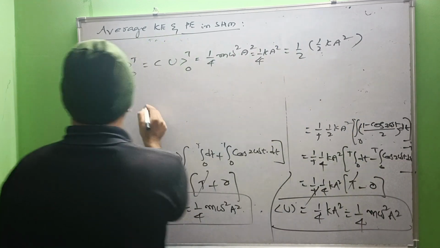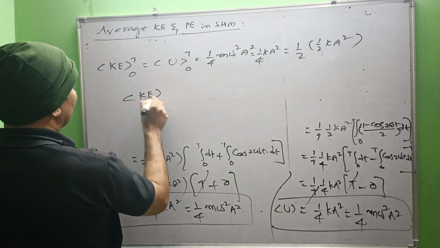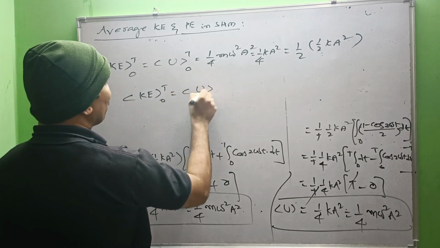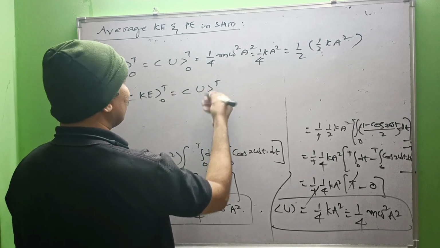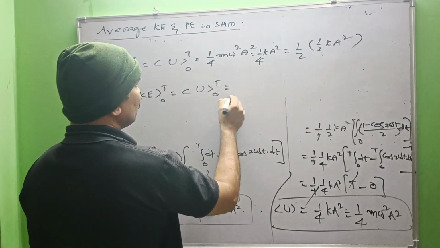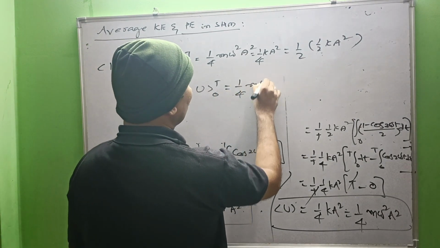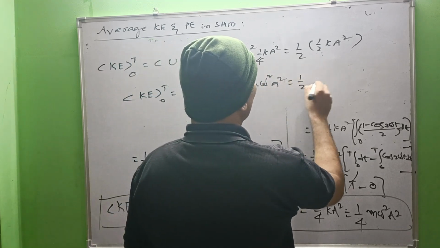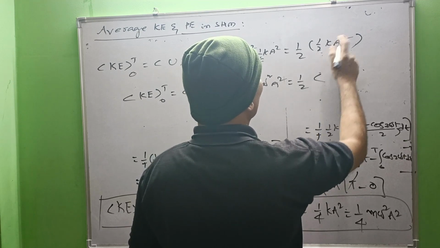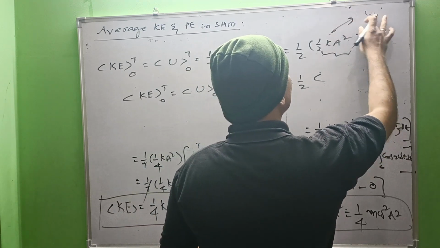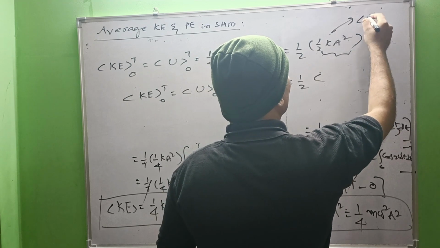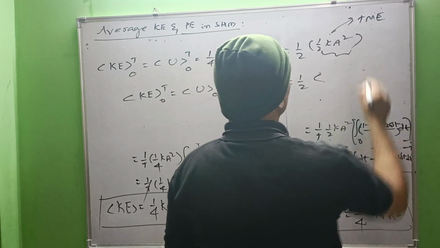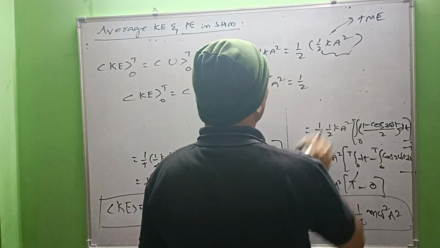That is, the average kinetic energy within one time period equals the average potential energy within one time period, which is equal to 1/4 m omega square a square, which is half of the total mechanical energy.